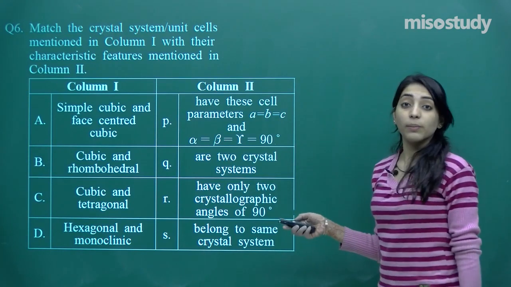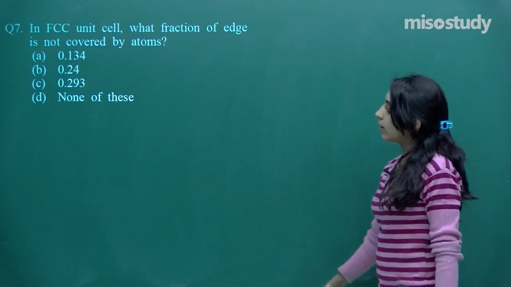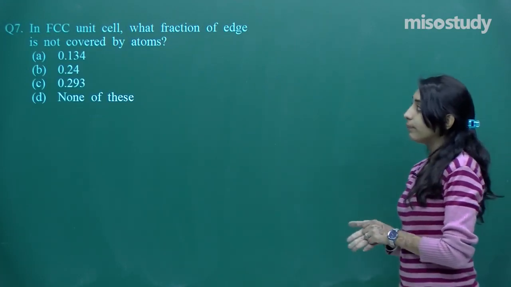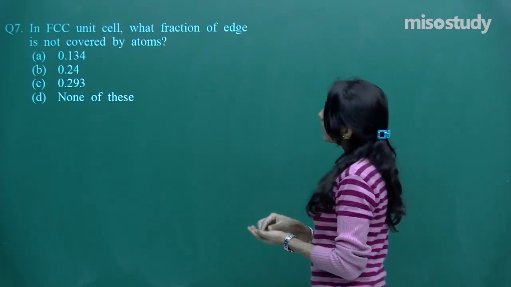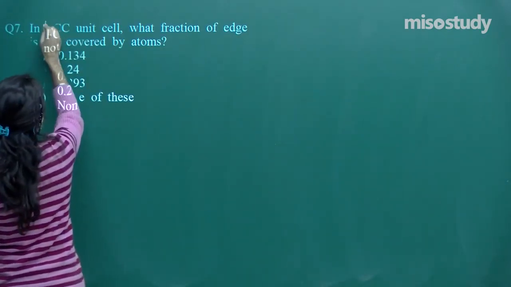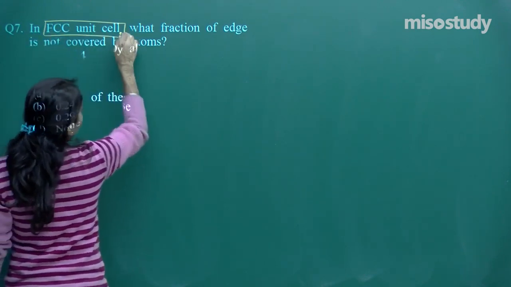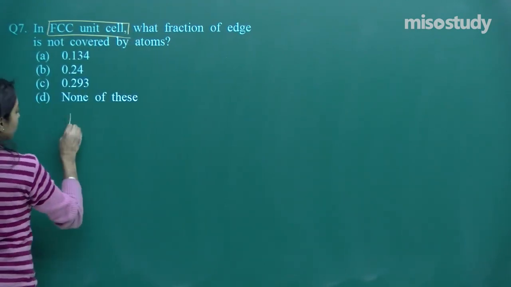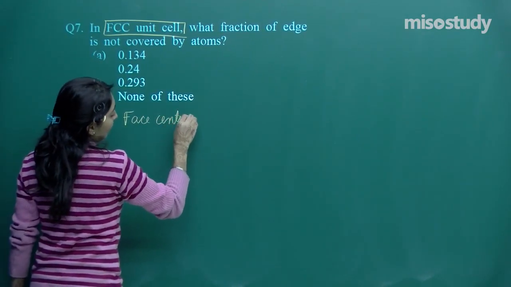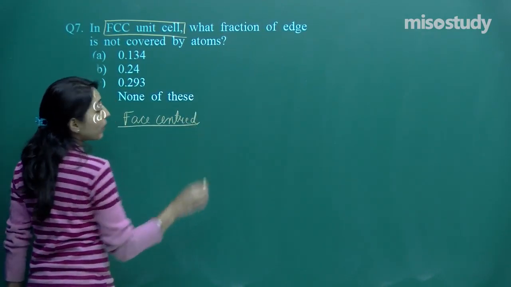Moving on to question number 7th. Let's see what is there in question number 7. It says that in the FCC unit cell, point number 1. So we have a face-centered cubic unit cell.